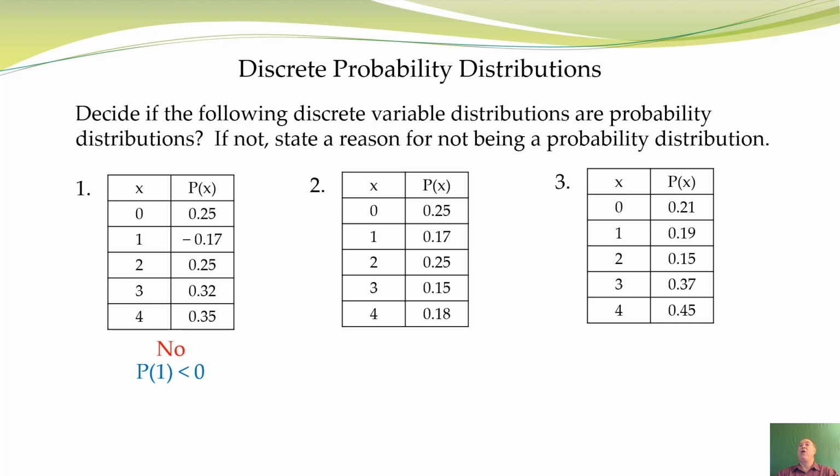If we look at it, all probabilities are less than or equal to 1, greater than or equal to 0. And if you add up all the probabilities, you would get 1. So this is a probability distribution. Number 3, if we look at this distribution, all the probabilities are greater than or equal to 0, less than or equal to 1. If we add up the probabilities, in this case, we do not get 1. So this is not a probability distribution.